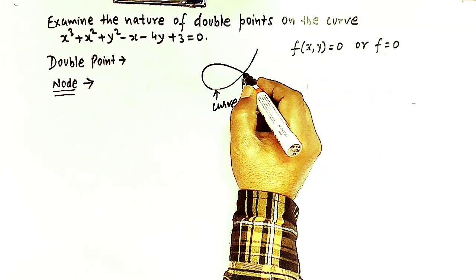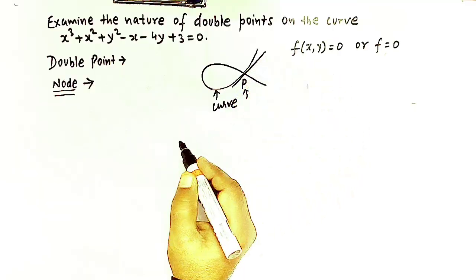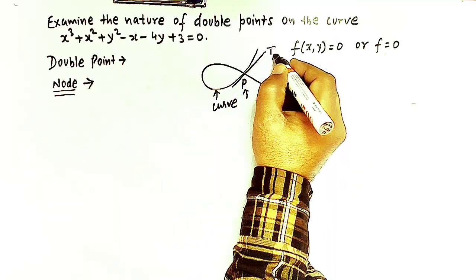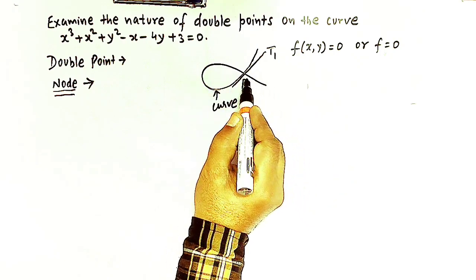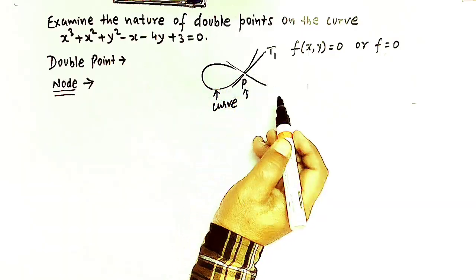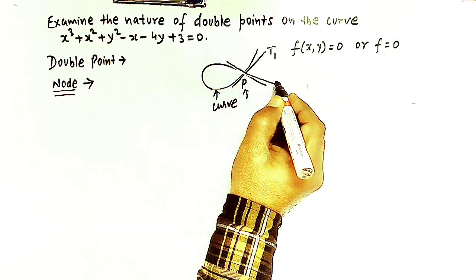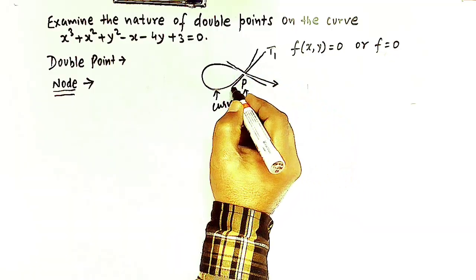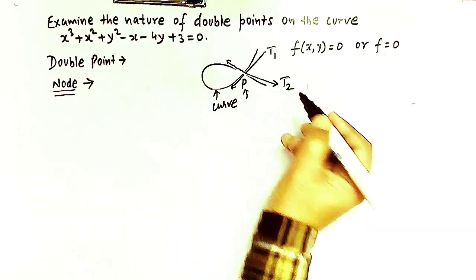Suppose at this point P we draw a tangent like this, and suppose this is the tangent, say T1, and if we draw another tangent at this point P like this, suppose this is the other tangent, and let us call this tangent say T2, right?